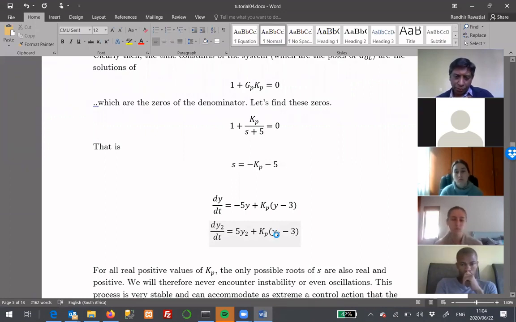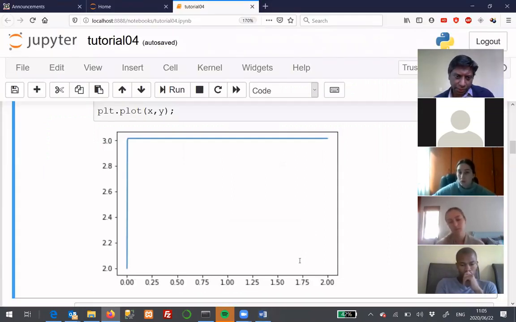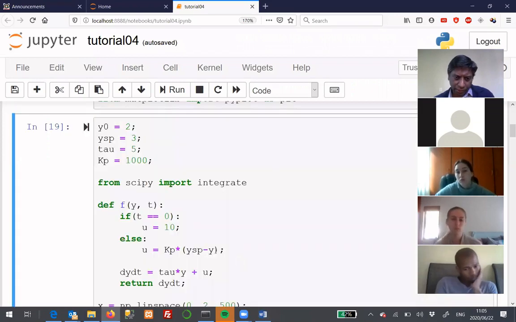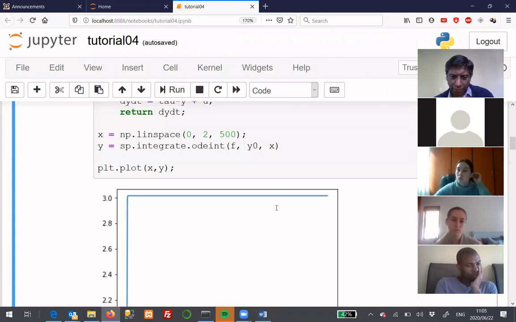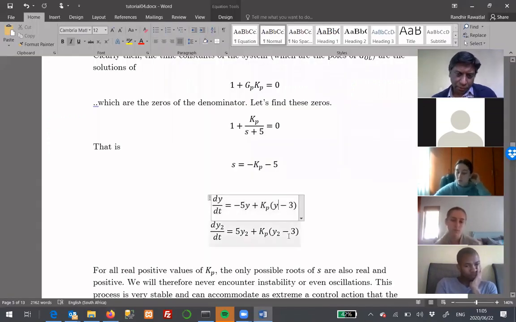So if y2 goes over 3, actually, I think it's the other way around. I think it's 3 minus y2. Let's just check here. Yeah, it's y sp minus y. That's what I've been using. So I wrote the wrong thing in here. So it's 3 minus y.